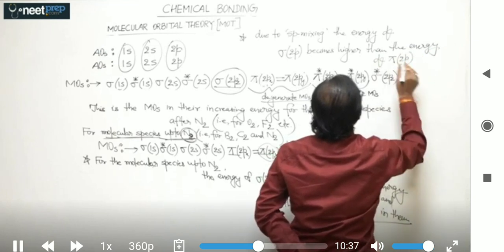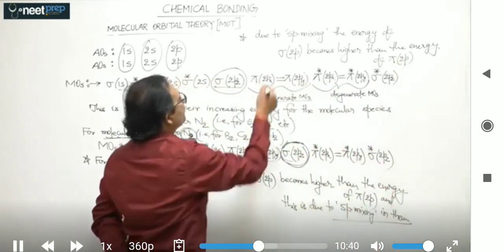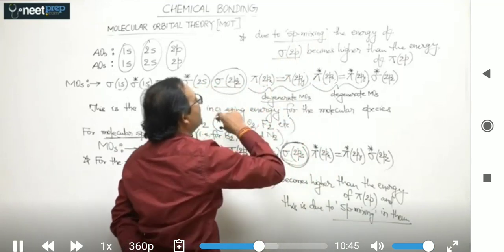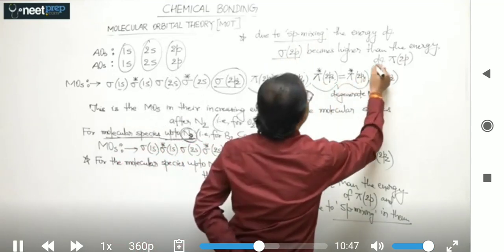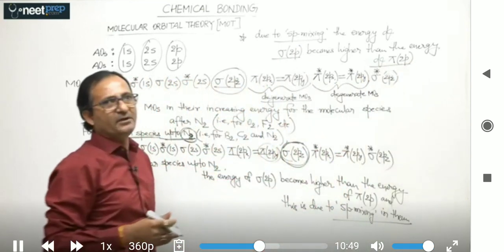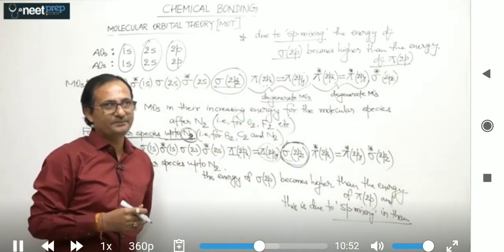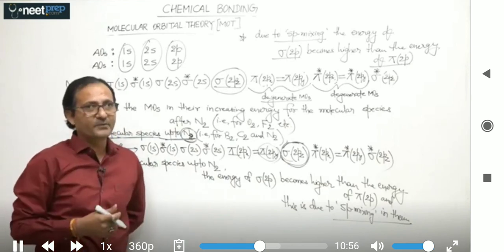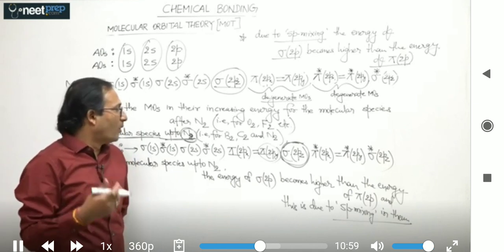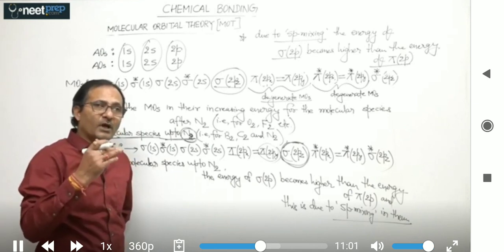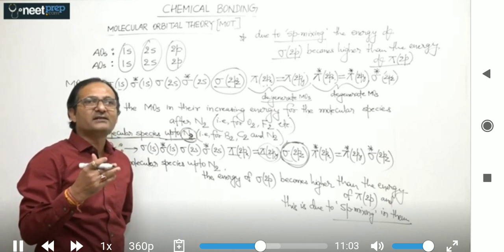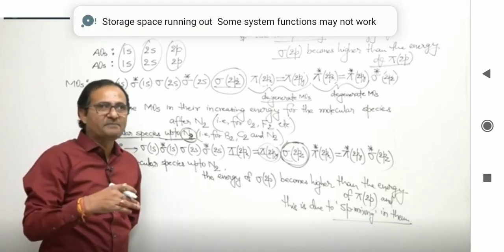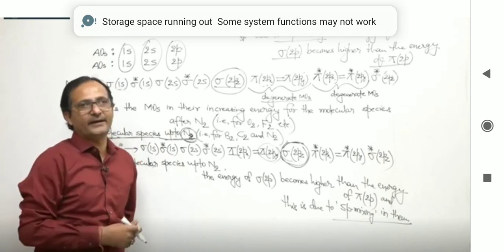This becomes very clear here. You must remember this. Now one question arises: why does sp mixing occur up to N2 and not after N2?